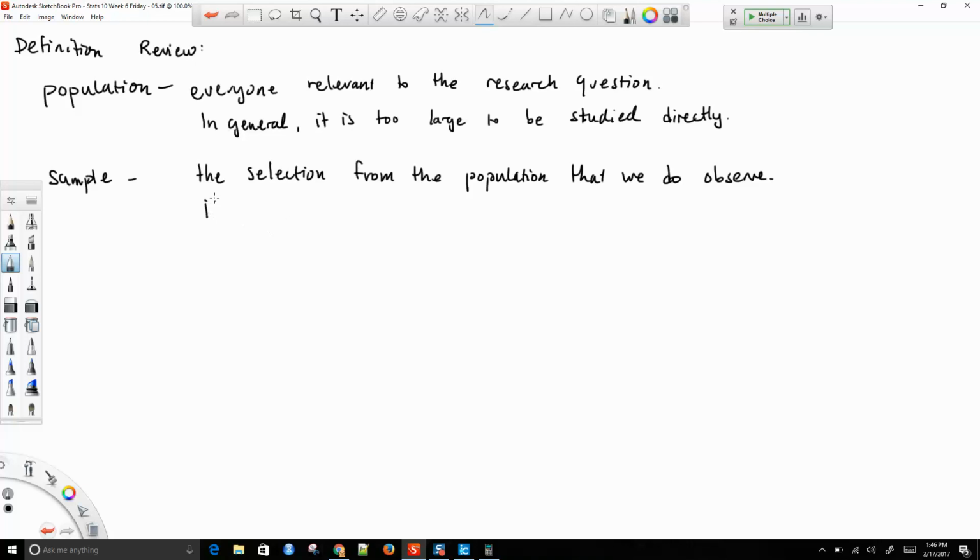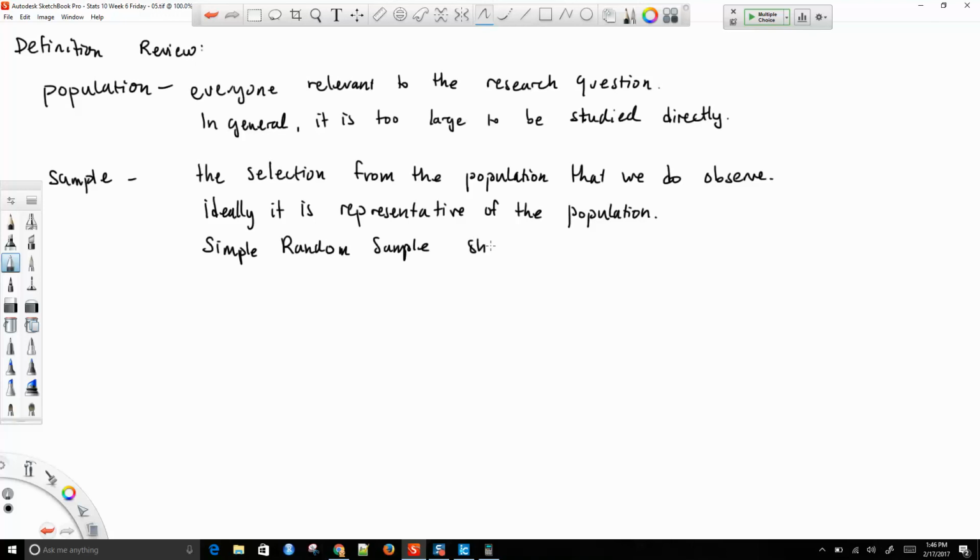Ideally, it is representative of the population. Okay, a simple random sample should give us representative samples, but is not guaranteed to do so.